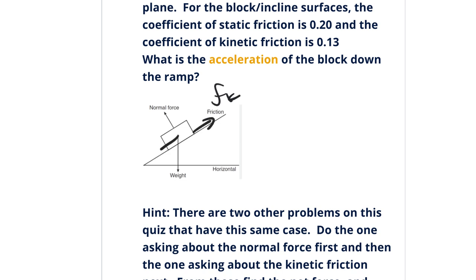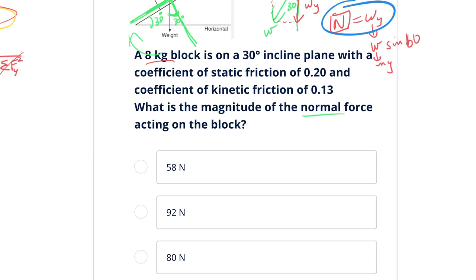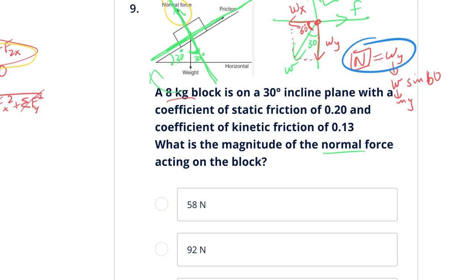We have Wx, or if we don't have it, you can find it easily over here, because Wx is equal to the weight times the cosine of 60, the angle from the x-axis. So we have Wx.